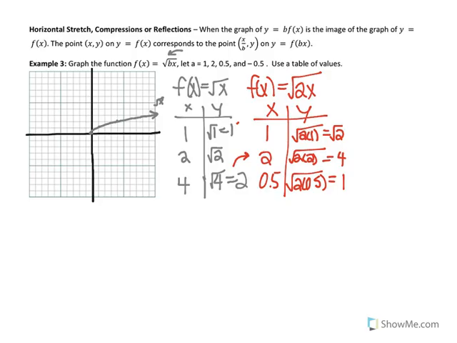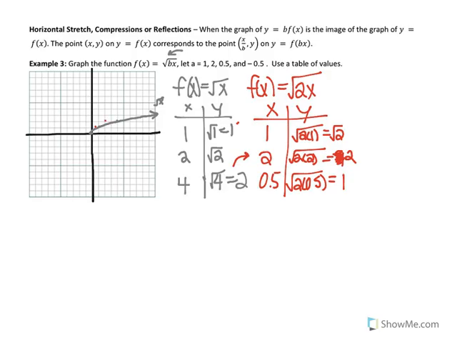So what that means is that at 0.5, it's going to hit 1. So it's closer to the line. And at 2, the square root of 2 times 2 is 4, and the square root of that is 2. So at 2 and 2, we have a point.